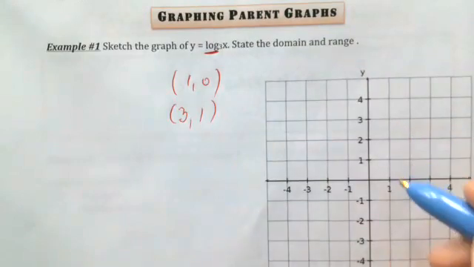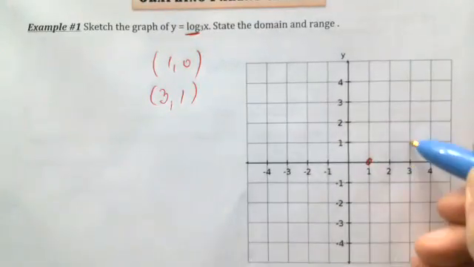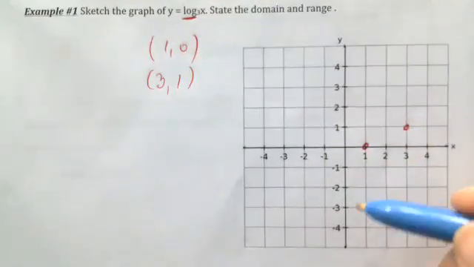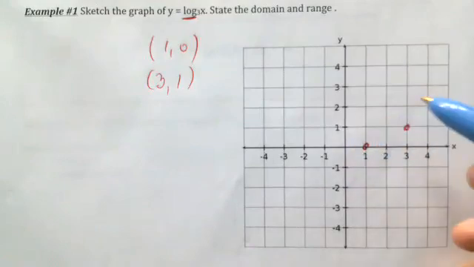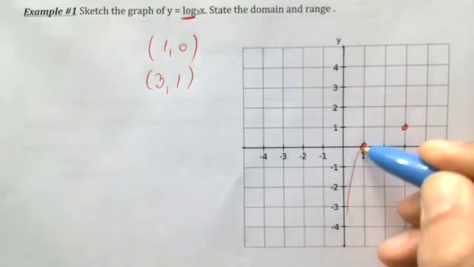So we have crossing at 1, and we have (3, 1). And we're going to remember the shape is always an increasing graph from quadrant 4 to quadrant 1, like that.